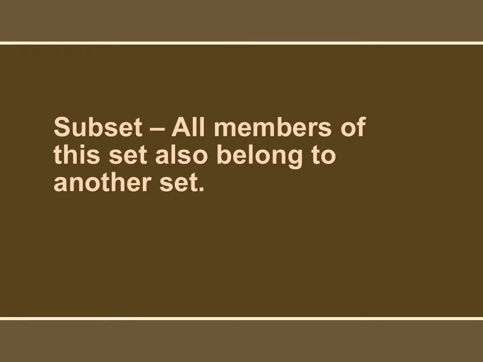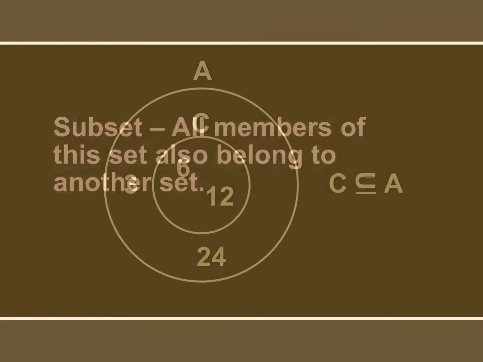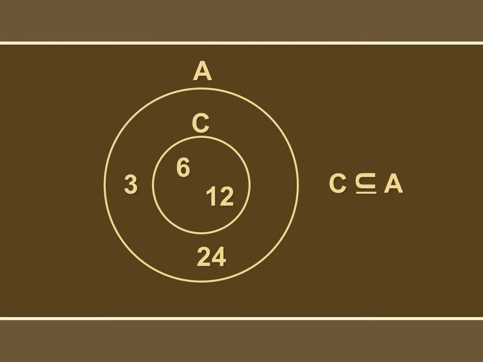We also have something called a subset. Sub is like underneath or inside. A subset just means that all members of this set also belong to another set. For example, we could say that set C is a subset of set A, and that's the symbol here, because everything that's in set C, the 6 and the 12, is also in set A, which includes 3, 6, 12, and 24.